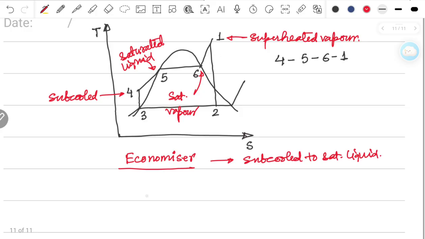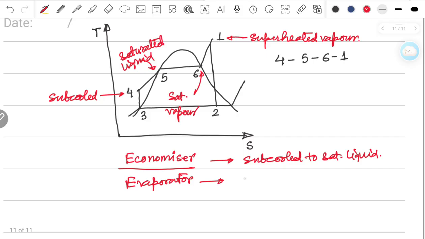Then comes 5 to 6. This is where the phase conversion happens at constant pressure, and it is done in the evaporator portion of the boiler.